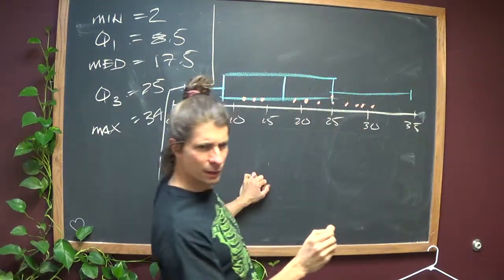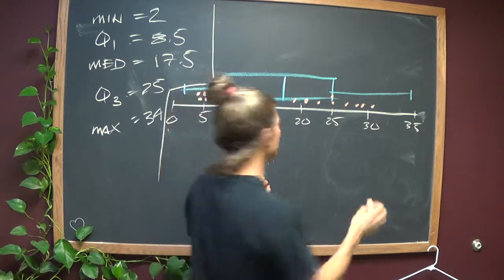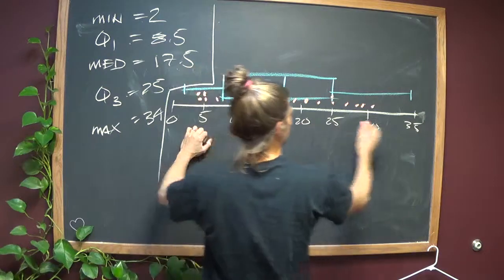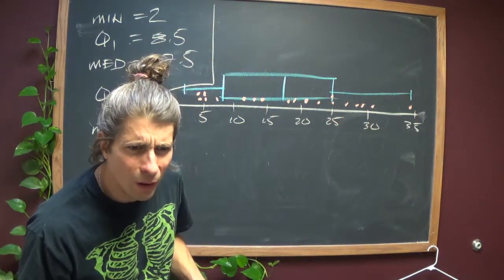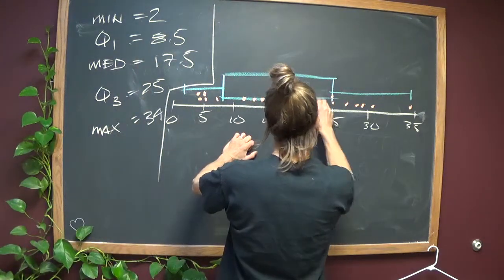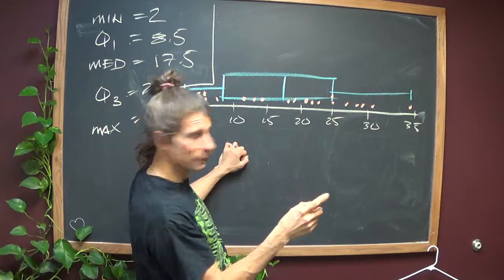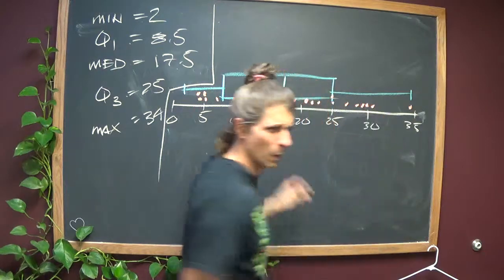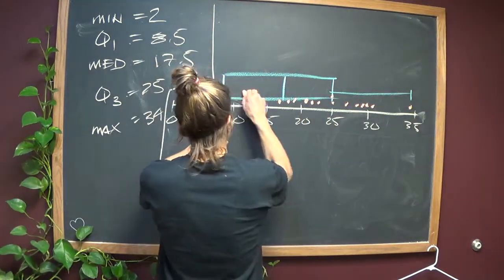Wait, I got those already? 18, 7, 34. That's max. 22, 17, 30. This is 22. Crap, I forgot that one. 17, 30. 12, 16, 25.